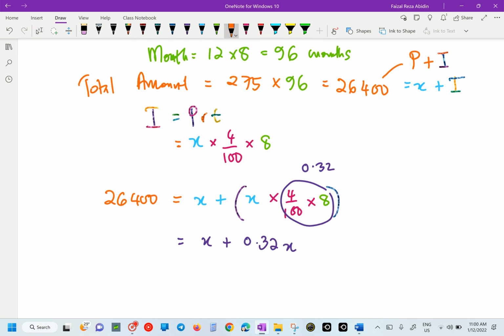So what does it mean, X plus 0.32X? It is not X square.